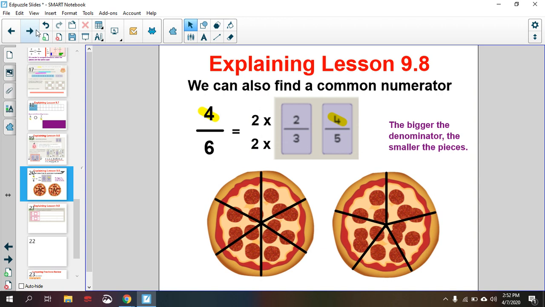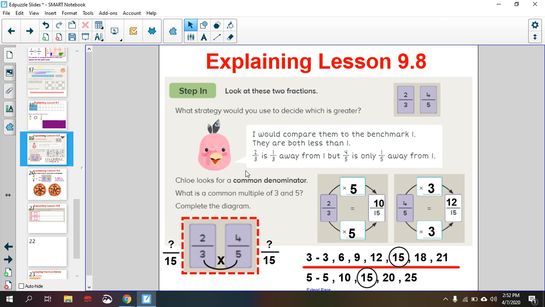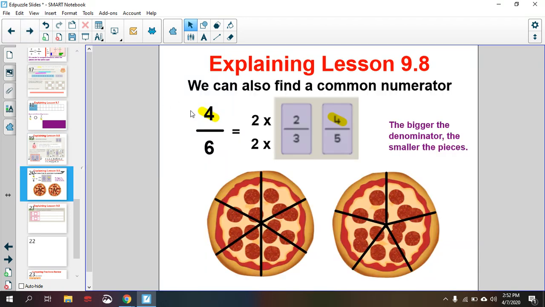Now, if you look down on that page a little bit, it also talks about how you could find a common numerator. What we did on the last slide was we found a common denominator. We found a number on the bottom that could be the same, but you can also find a number on the top that could be the same. The reason they chose to do that is because, think about it, we really didn't have to change both of our numerators, did we?